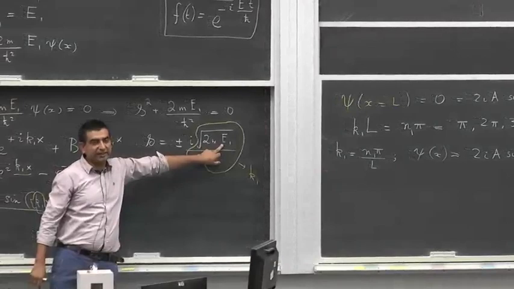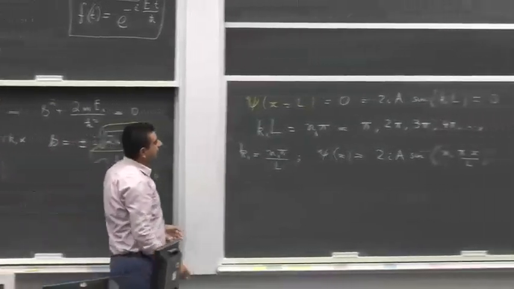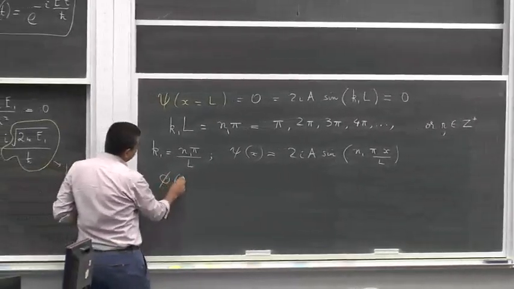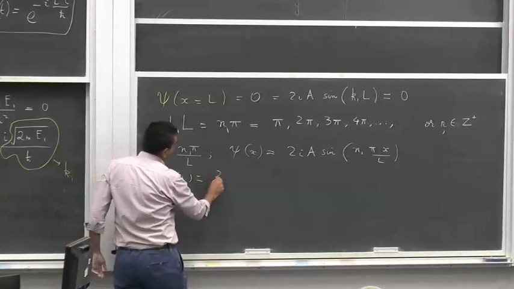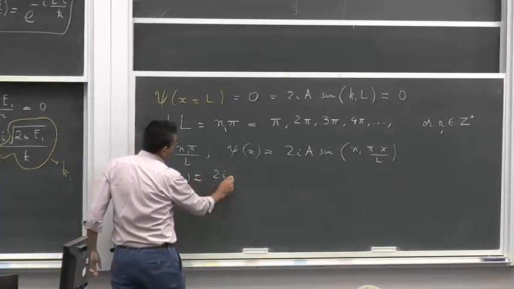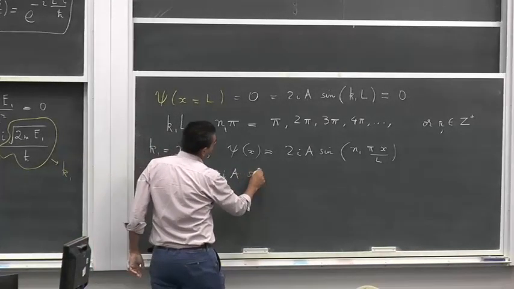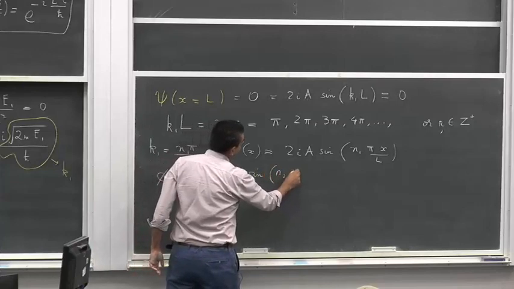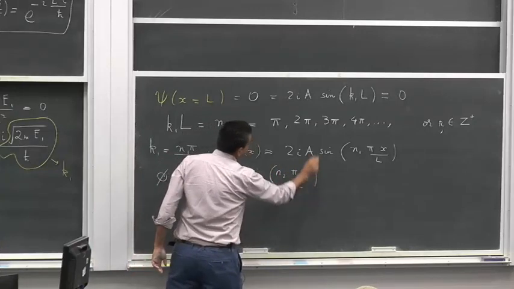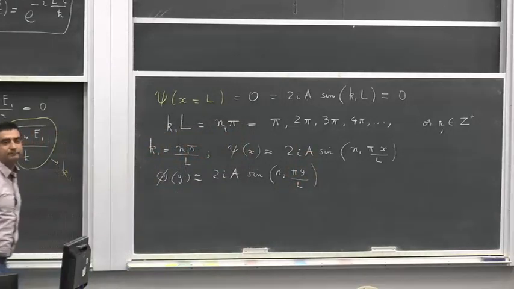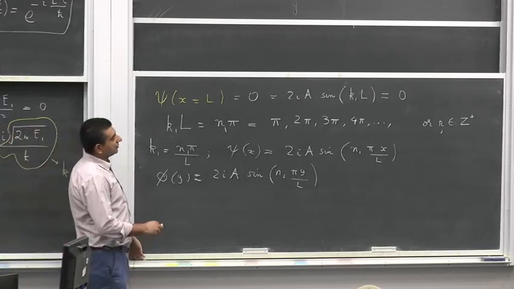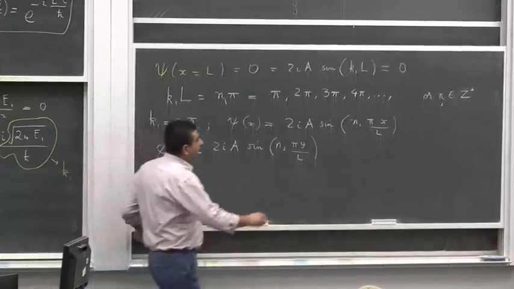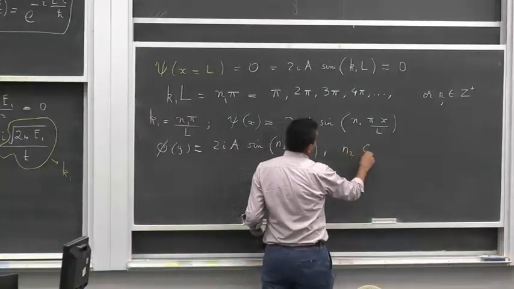And I get phi as a function of y is simply 2i a sine of n2 pi y over L. Once again, n2 is a positive integer.